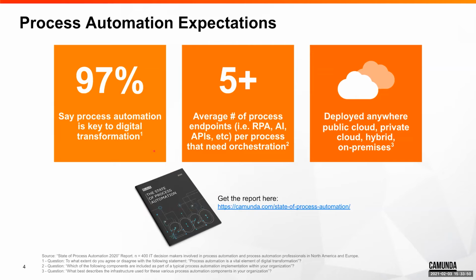But what are the interesting things? Almost every one of these 400 people across industries said that process automation is key to digital transformation. Also, looking at the results of the survey, one can tell that in every automated process there is an average and also growing number of endpoints involved. In other words, there is an average of 5 technologies involved that have to be integrated at some point.